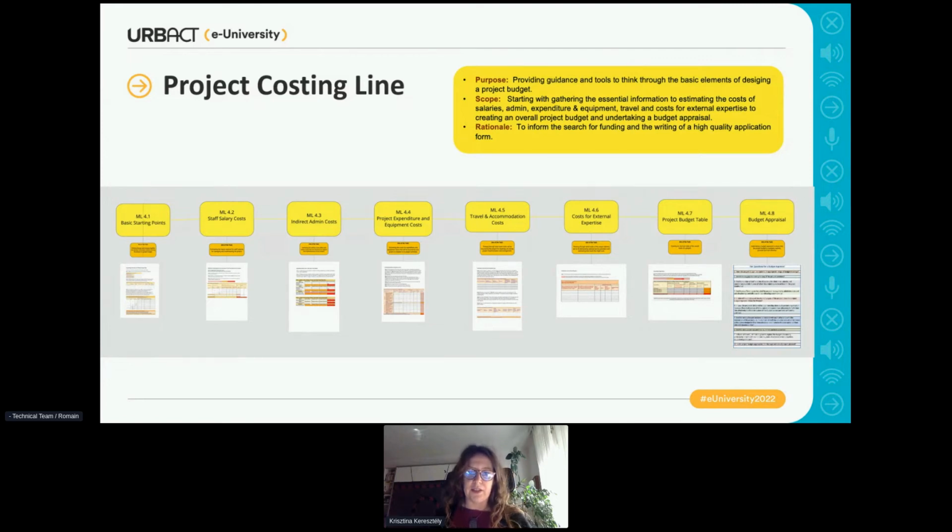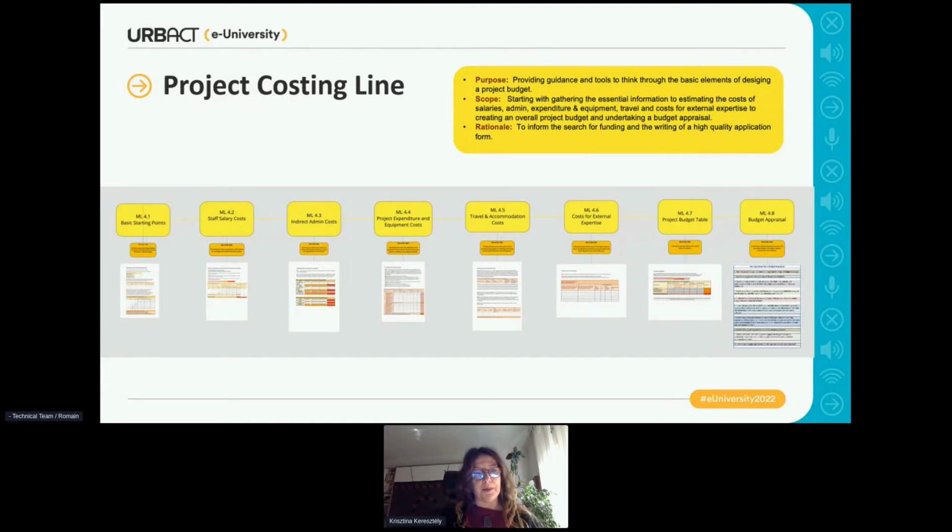So it's not linked to the budget writing when you already have a concrete goal and you need to create your budget. But here we are really talking about costing, so about assessing and estimating the cost of a budget and linking it to the different activities. So basically, in our costing line, we identified the main steps of budget costing.